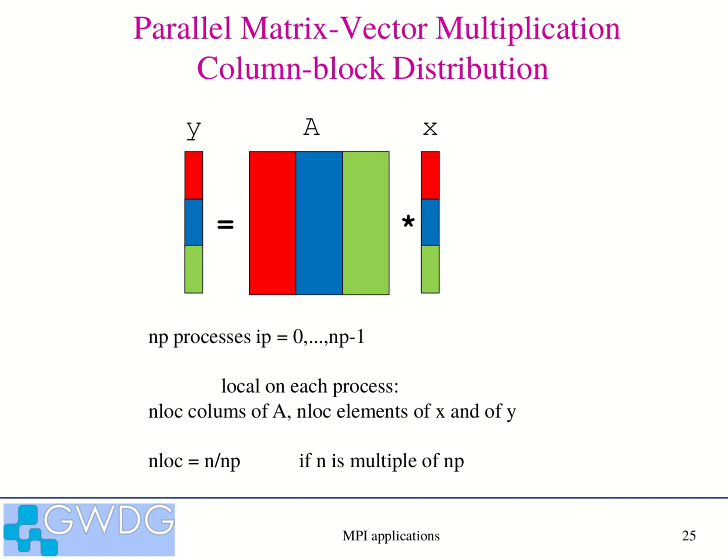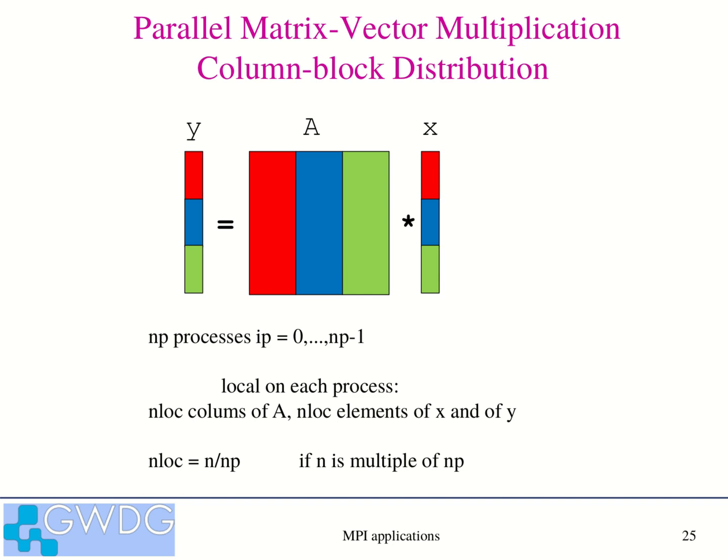So you have the situation that the global matrix is distributed column block wise to all processes. All processes will contain a different column block of the total matrix, and all processes will contain a different piece of the input vector.